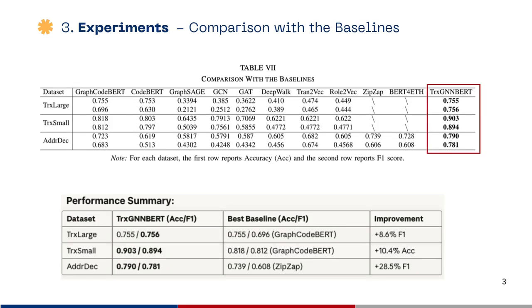Comparing the performance with the other baseline models, we can see the proposed model outperforms almost all the models in all three datasets, as you can see here in the F1 score as well as the accuracy. It outperforms all the existing methods in three different categories like transformers, GCN.